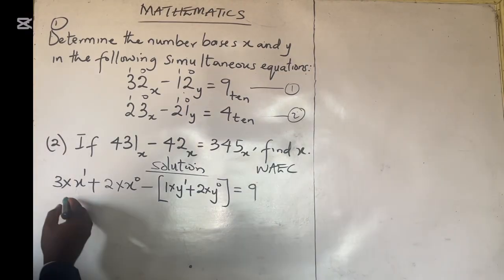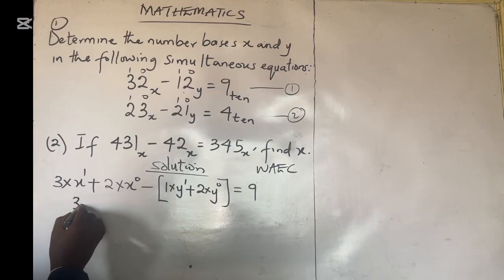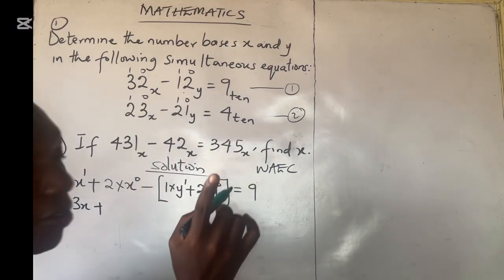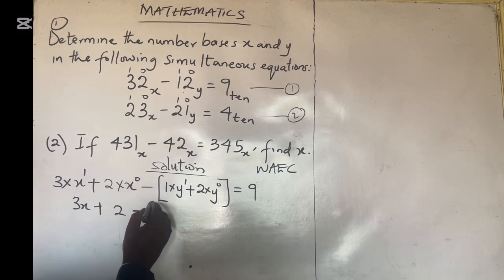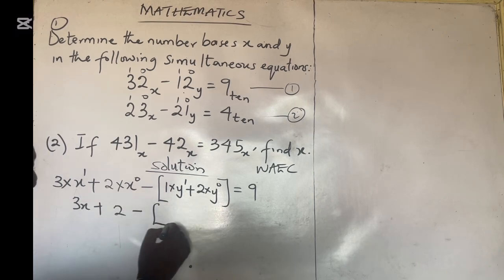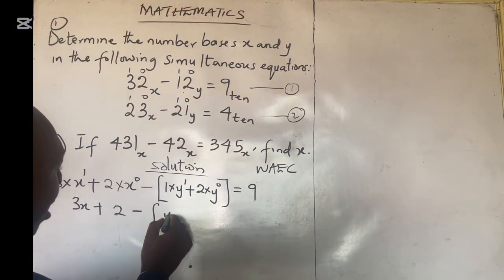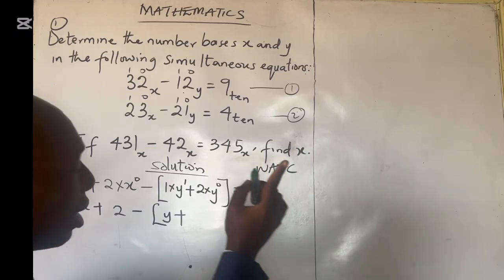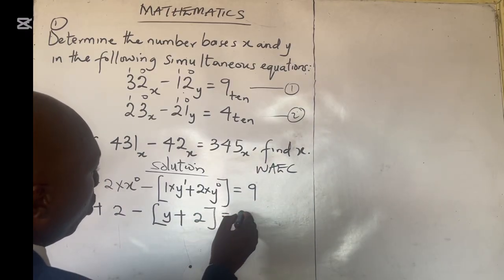So we have 3 times x raised to power 1, that's 3x. x raised to power 0 means 1, so 2 times 1 is 2, minus y raised to power 1 is y, plus y raised to power 0 is 1, times 2, that's 2, equals 9.